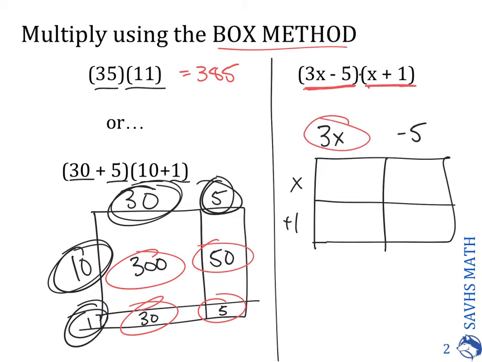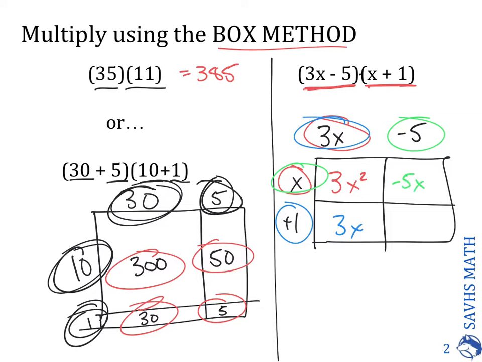Let's see, 3x times x is 3x squared, or you could just write x squared, which is how we'll write that. If you do 3x times 1, you get 3x. If you do negative 5 times x, you get negative 5x. And if you do negative 5 times 1, you get negative 5.